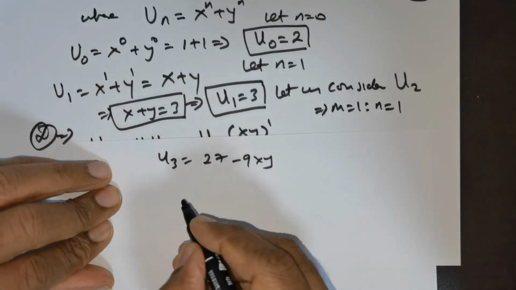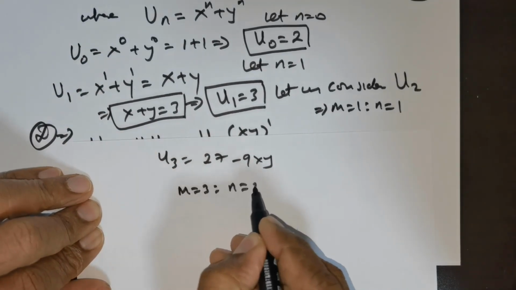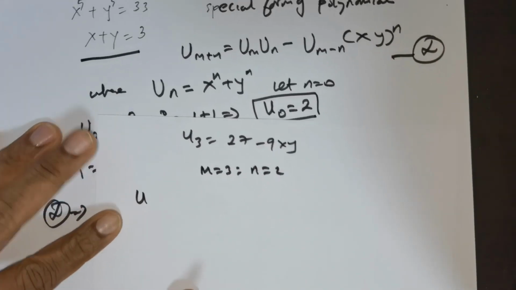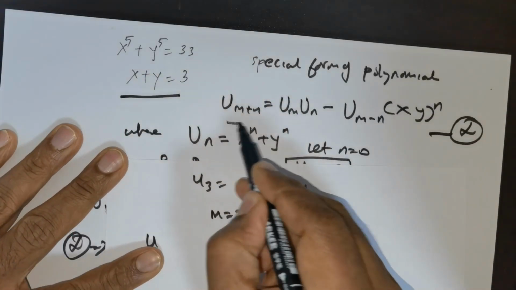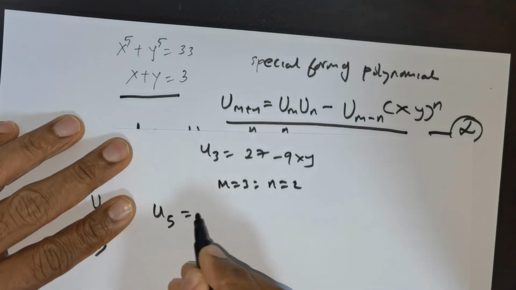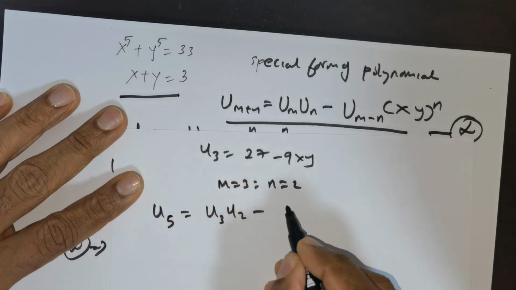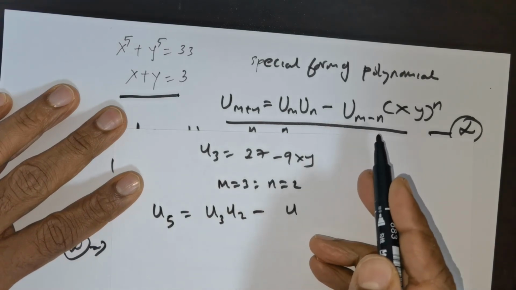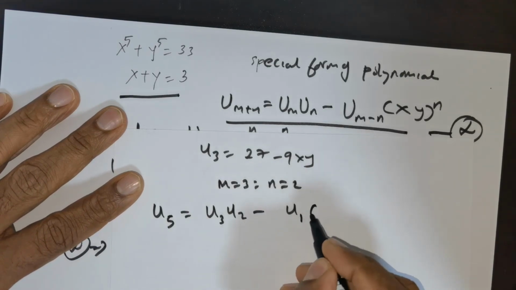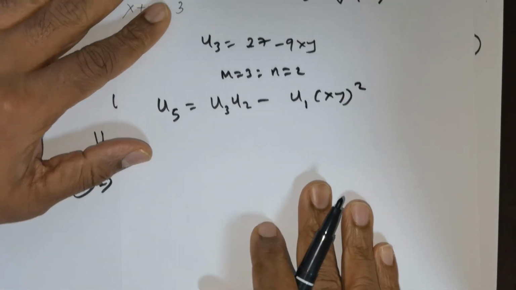So we need u_5. I'm going to take m equal to 3, n equal to 2. Using the same formula, 3 + 2 = 5, so u_5 = u_3 u_2 - u_{3-2} = u_1 of (xy)^2.